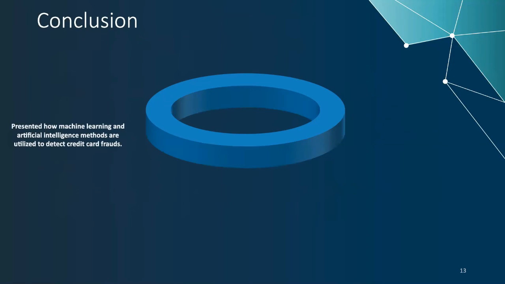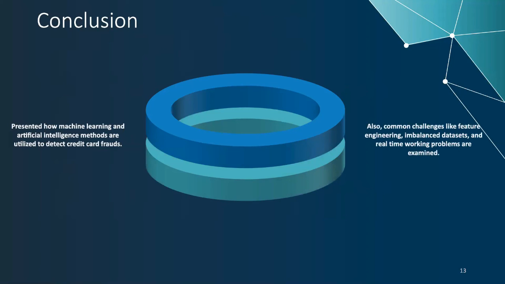And as a conclusion, we tried to present how machine learning and artificial intelligence methods are utilized to detect credit card fraud. And we tried to mention the common challenges like feature engineering, imbalanced data sets, and real-time working problems.